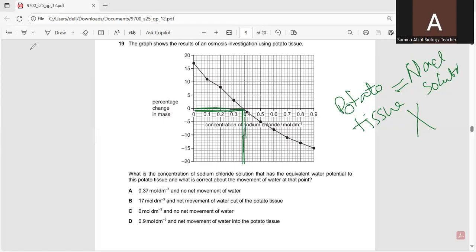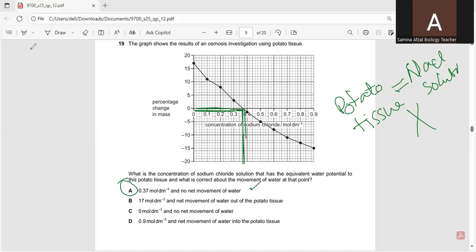So according to this, I'm trying without a scale because my laptop is attached, so I'm unable to keep a scale over it. But when you are doing your work, you must use a scale to draw these lines. So according to this, this value is less than 0.4 and more than 0.35. So we will go with this value, which is 0.37. So this is the correct option.